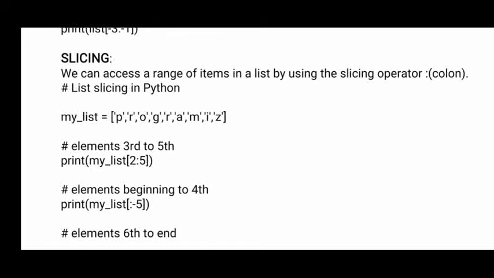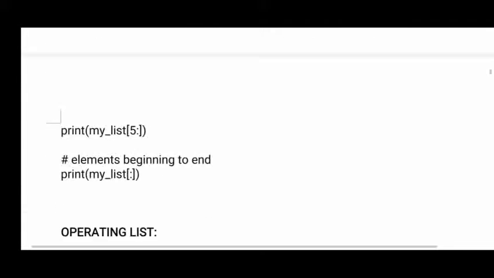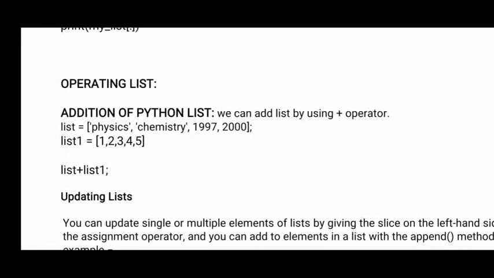Now -5, the last from negative indexing. So like this you can extract a part of a list using slicing. There are two types of indexing: one is positive index and the second is negative index. Positive index means indexing is given in a left to right direction. If it is negative, it is right to left direction.